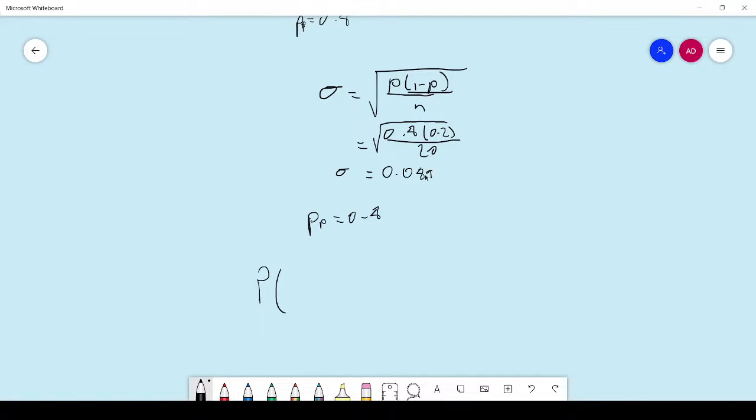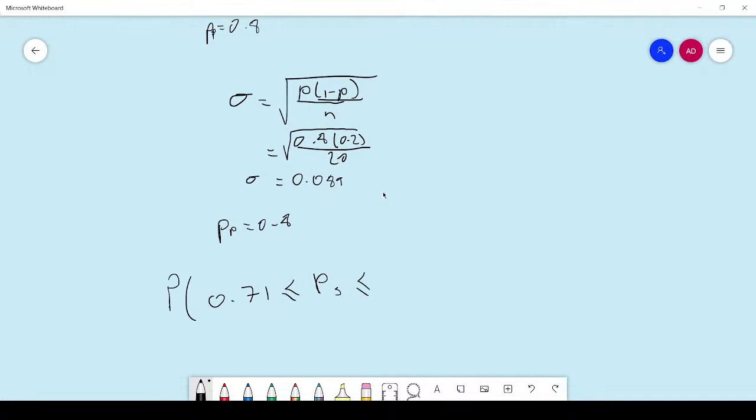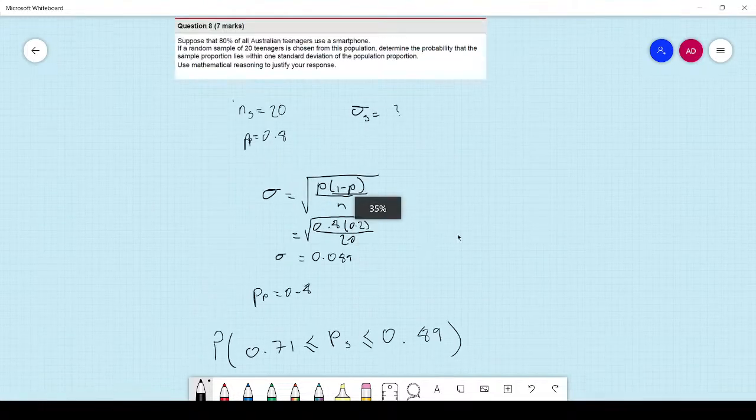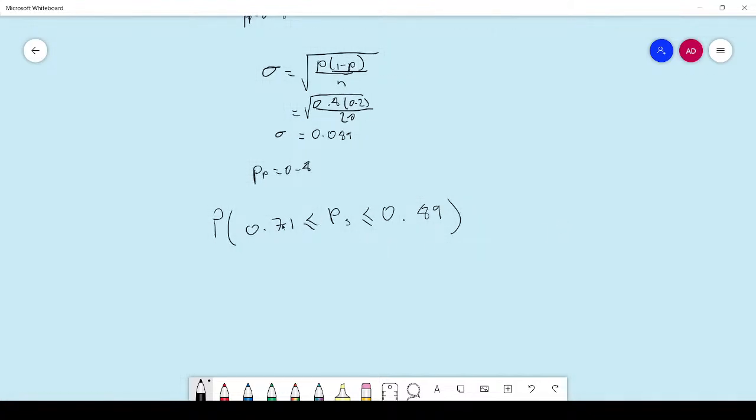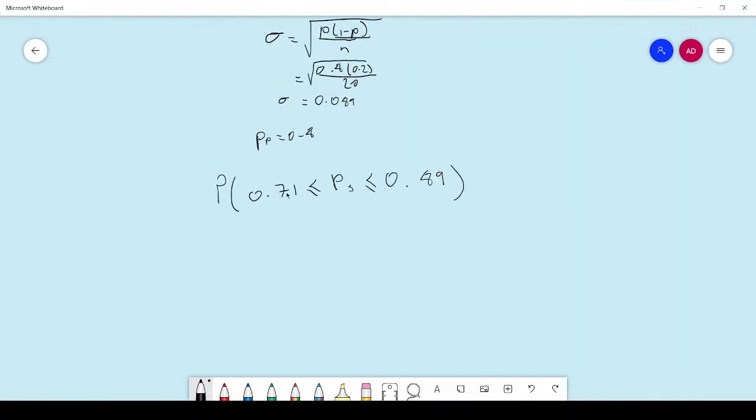So 0.8 minus this would give us 0.71, and then 0.8 plus this would give us roughly 0.89. Right, so we find the probability the sample proportion lies between these bounds here. So we just need to find the probability that the sample proportion is greater than 0.71 but less than 0.89.